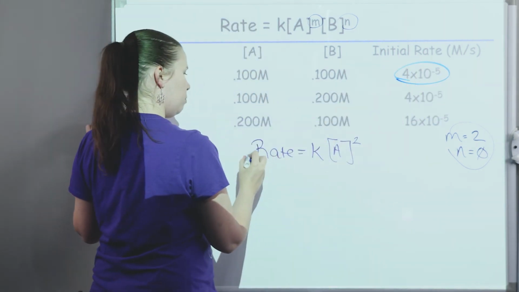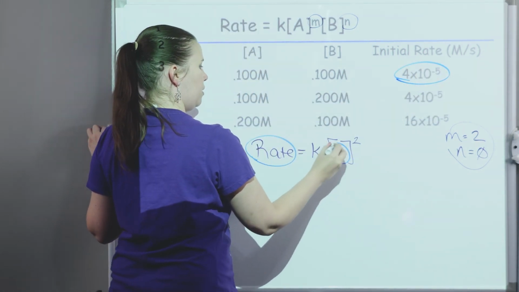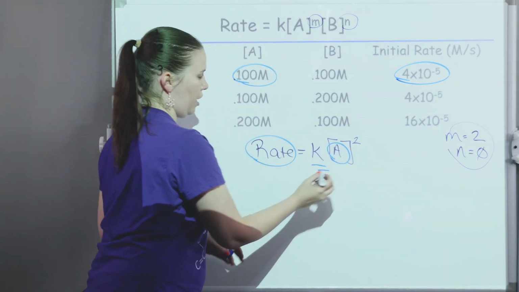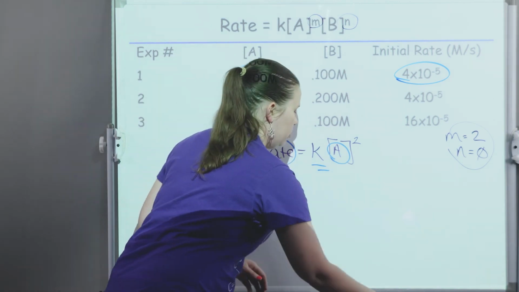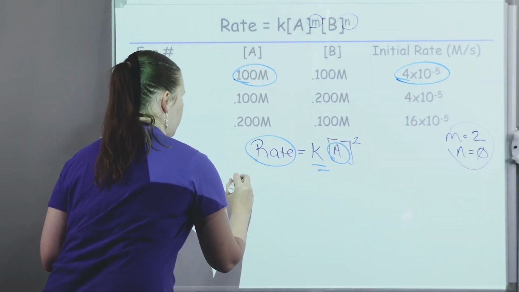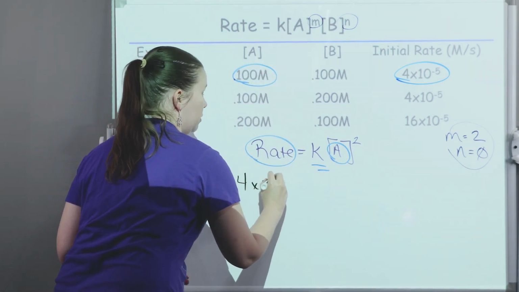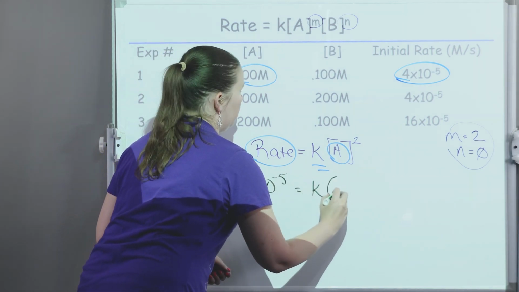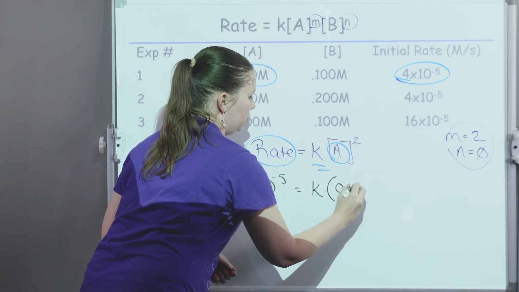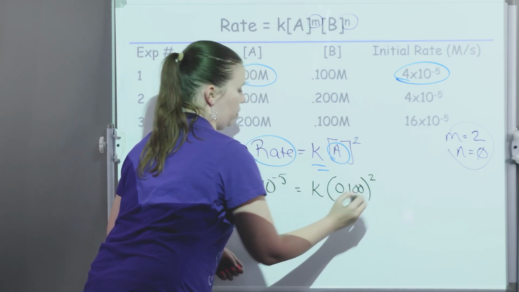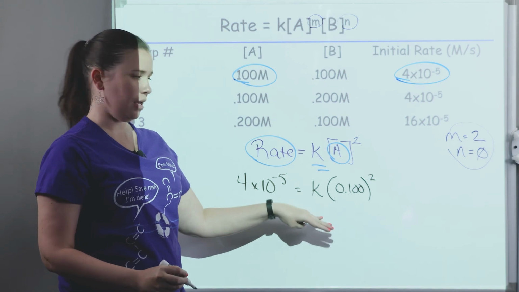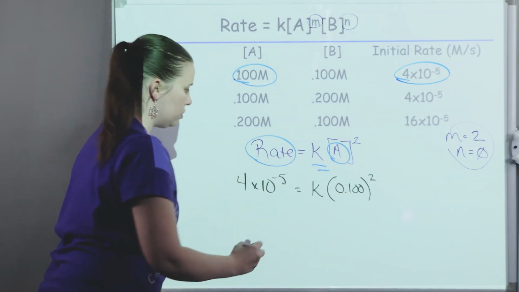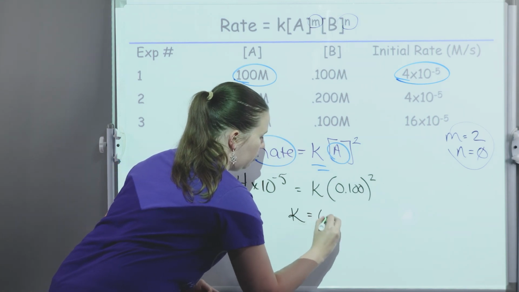I want to plug the rate in and the A concentration in and solve for K. So we're going to plug in 4 times 10 to the negative fifth is equal to K. Concentration of A is 0.1. I'm going to square that. So what is K when you take your 4 times 10 to the negative fifth and divide by 0.1 squared? That will give you a K of 0.004.